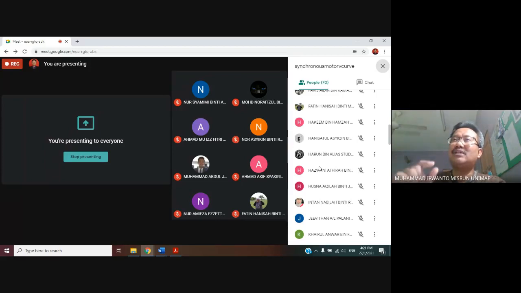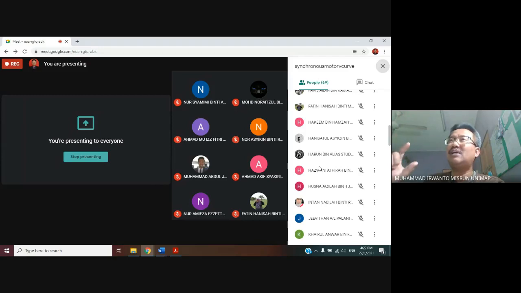Untuk Y connection, the terminal voltage is equal to line voltage. Tetapi dia tidak sama dengan phase voltage ya, Abdul ya. Dia punya relationship between terminal voltage, saya ulangin, untuk Y connection, the terminal voltage is equal to line voltage. But they are different ya to the phase voltage.